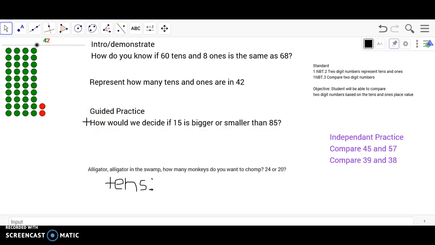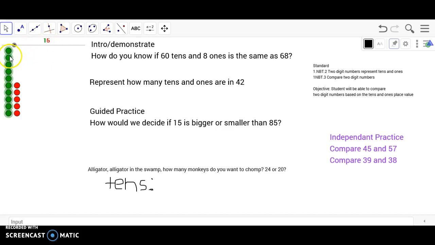Now let's practice. How would we decide if 15 is bigger or smaller than 85? Remember that we first want to look at the tens place. Let's make the number 15 on our slider. How many tens are in the number 15?